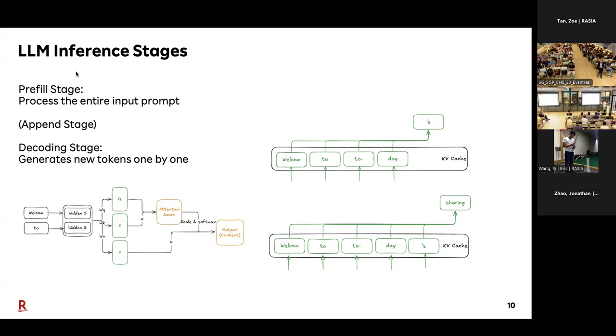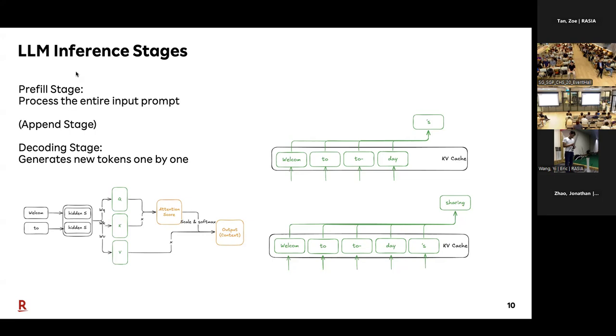So let's move to the LLM inference stages. We have mentioned that an LLM is autoregressive, which generates tokens one by one. So there are two stages we should note here. The first one is the prefill stage. You can just consider the prefill stage as the time to process the entire input prompt.